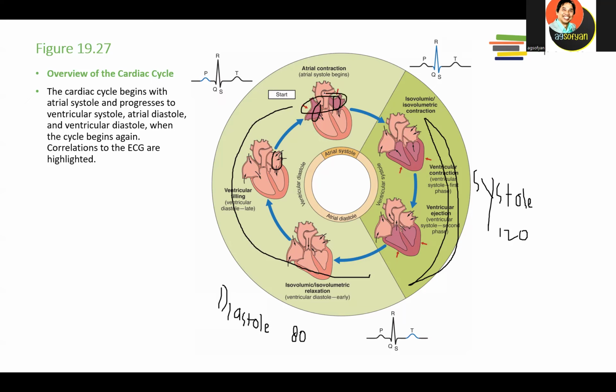You see this pressure because the atrium actually contracted at that time. So usually blood pressure is measured with systolic and diastolic pressure, normally 120 over 80, for example. So this is a systole and this is the diastole.